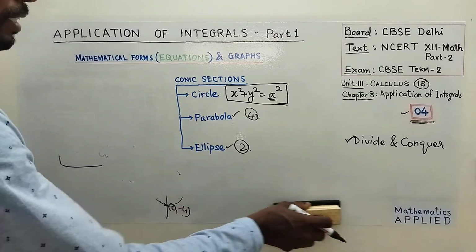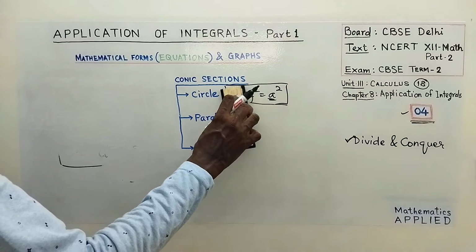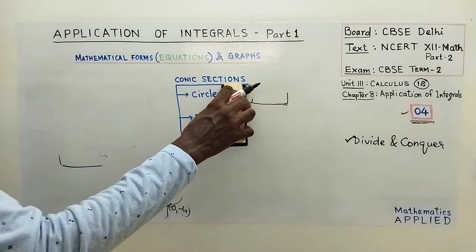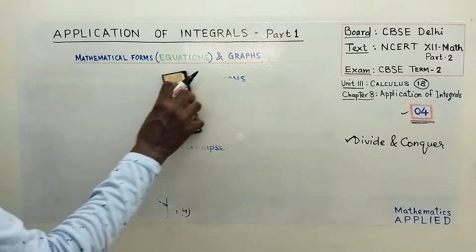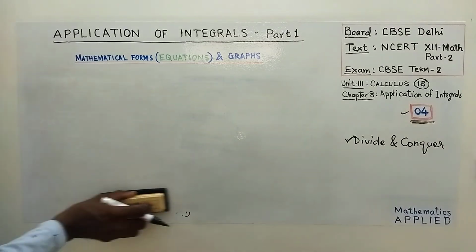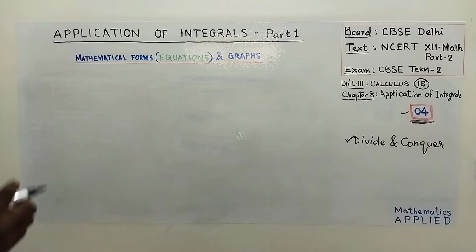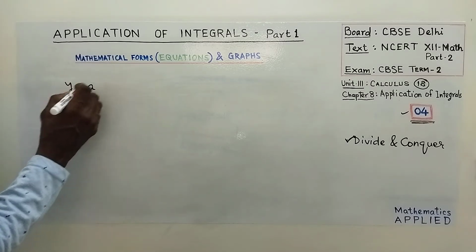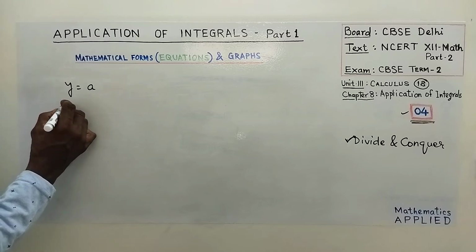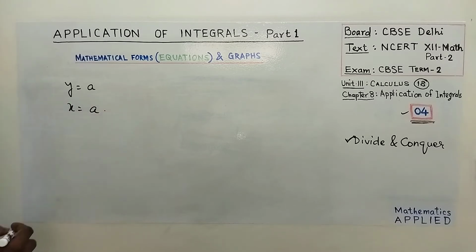So I'll just summarize this to end this video: lines inclined to x-axis, lines inclined to y-axis, then conic sections. Lines parallel to x-axis, y equals a. Lines parallel to y-axis, x equals a.